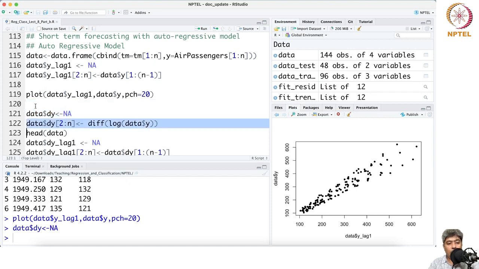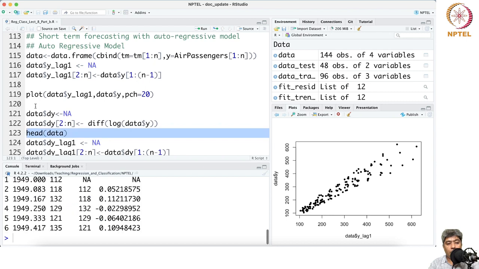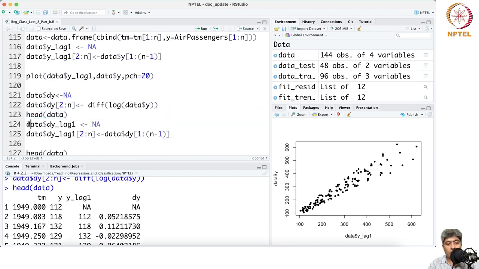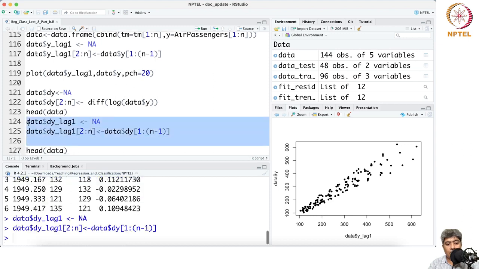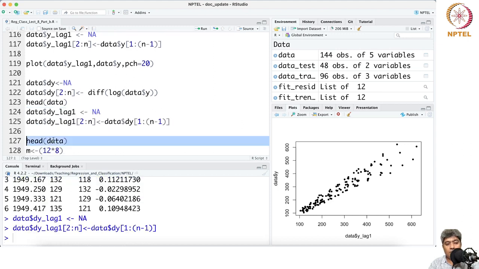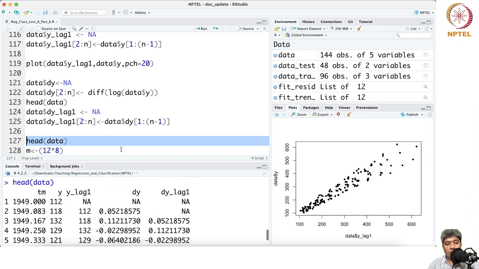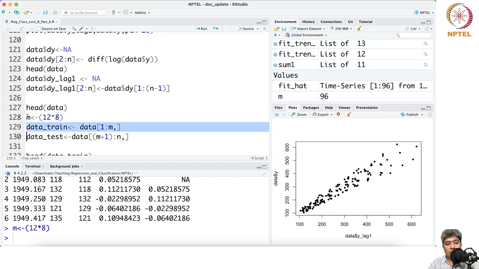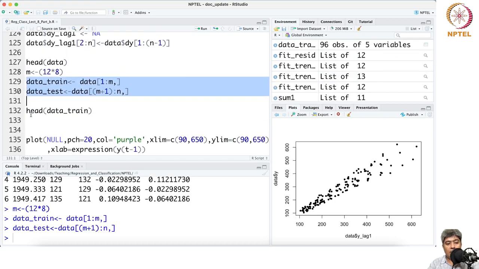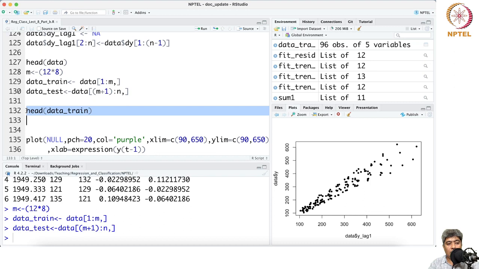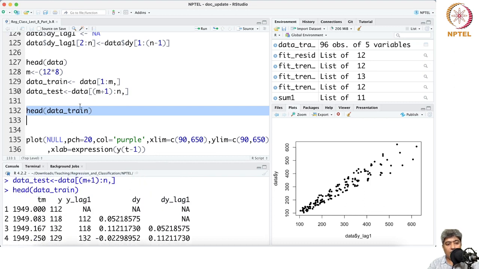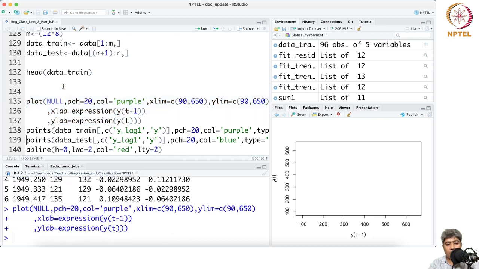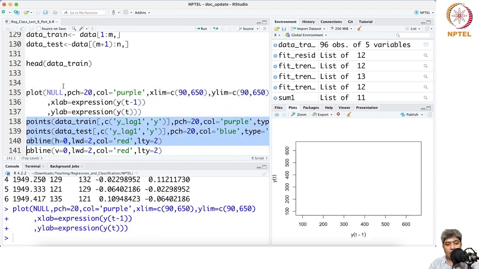These are the delta y log differences, and then I've created the lag of the log differences. Again, I am going to take the first 8 years of data as training data and the next 4 years as test data.